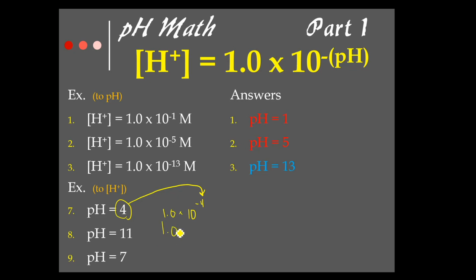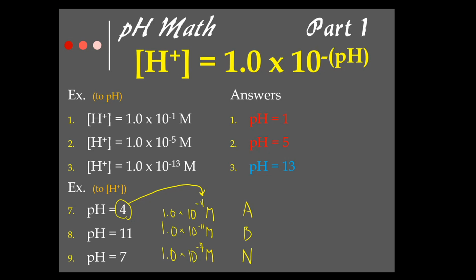Whereas this is 1.0 times 10 to the negative 11, 1.0 times 10 to the negative 7th. All of these are technically molar, so, big capital M, capital M, capital M. A pH of 4 is an acid, pH of 11 is a base, and pH of 7 you're at a neutral solution.